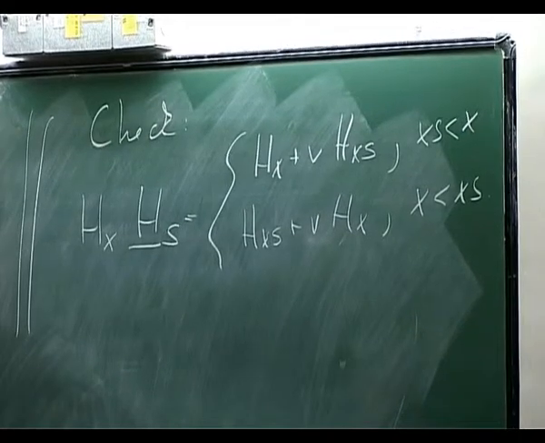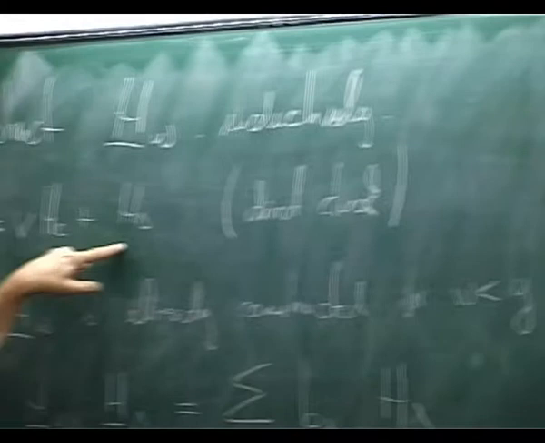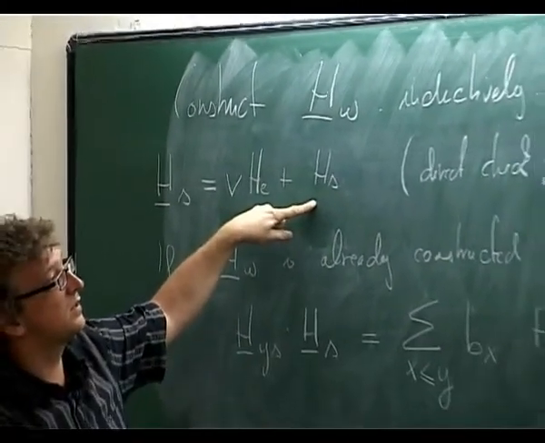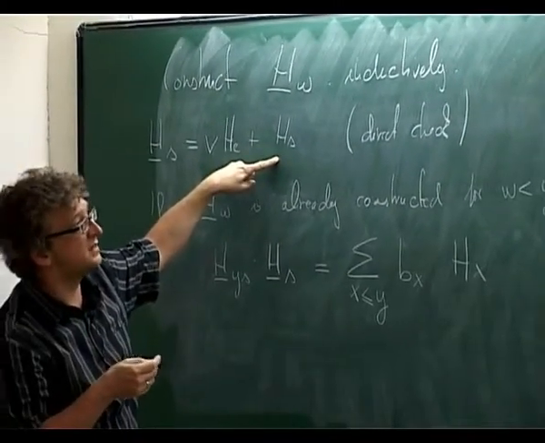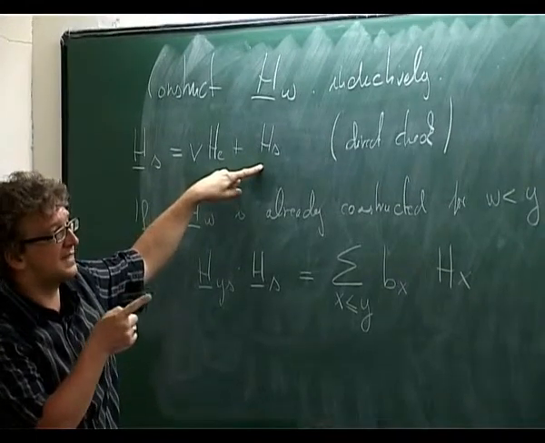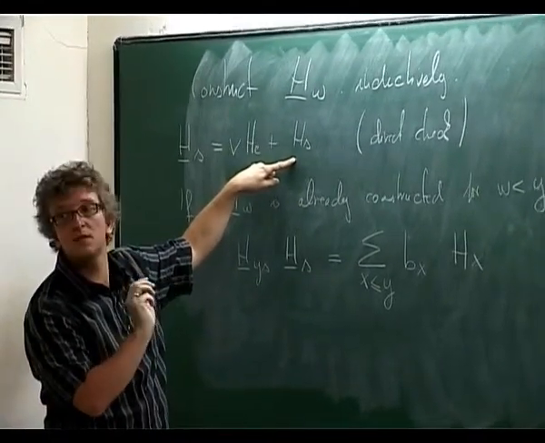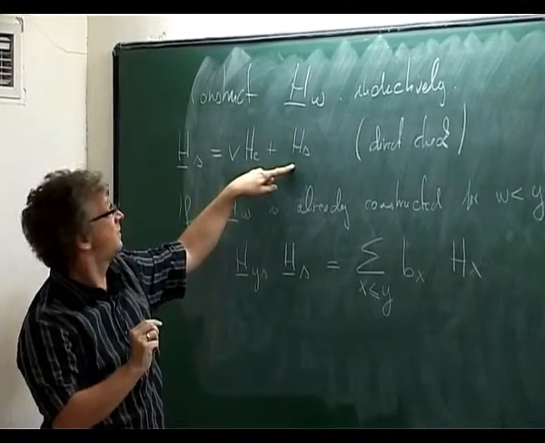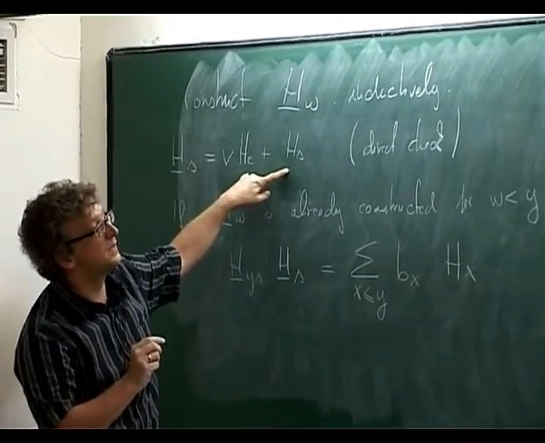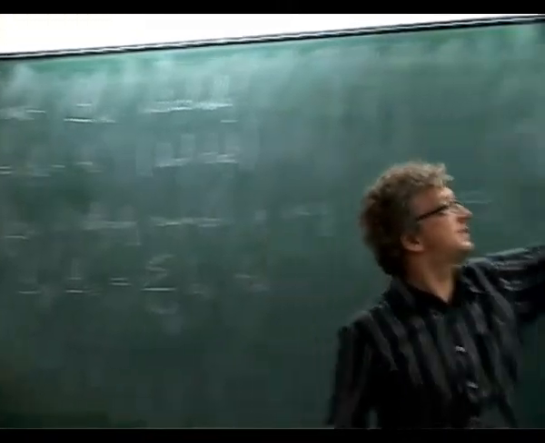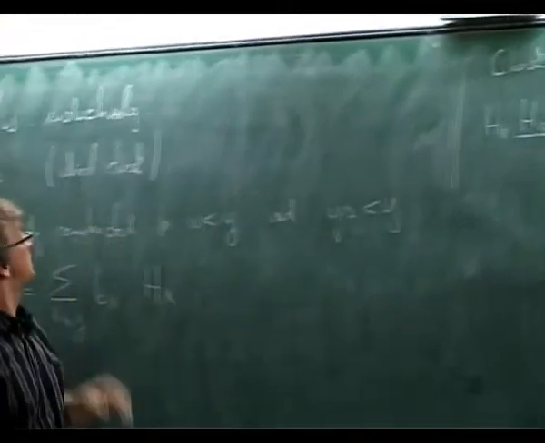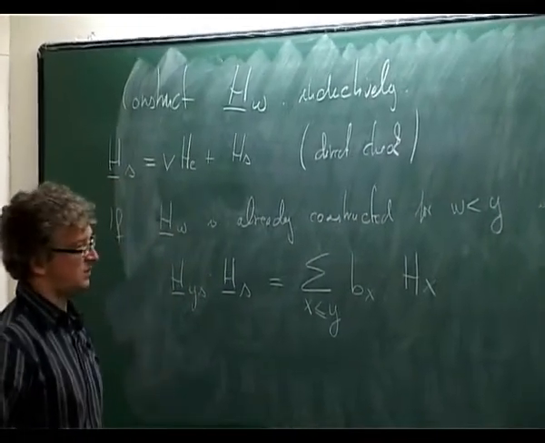This follows very easily from the defining relations of the Hecke algebra. For example, if I didn't make any mistake, this is certainly true when you put x equal to e. H_e is the identity element. And then you're here in the second line, and you get this relation back.